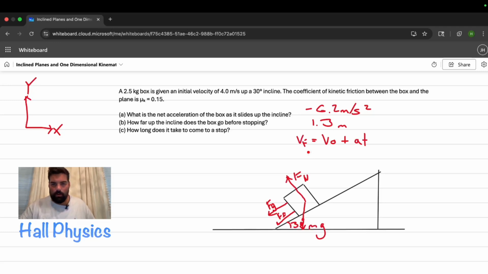Okay, so our final velocity is going to be 0. Our initial velocity was 4 plus negative 6.2 times time.